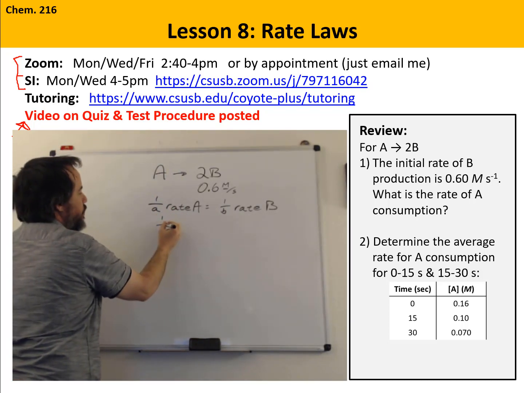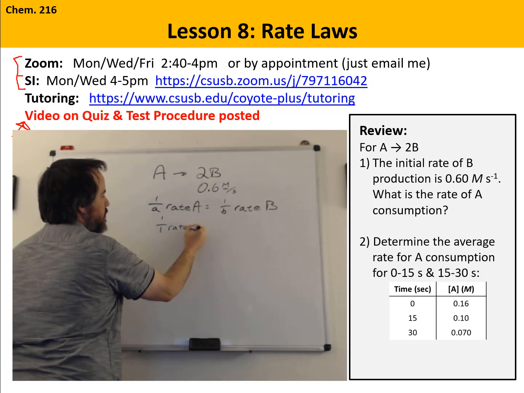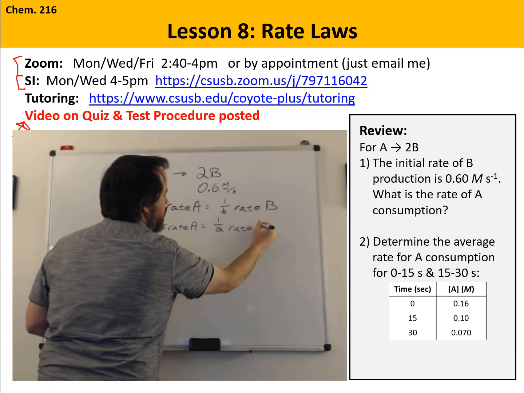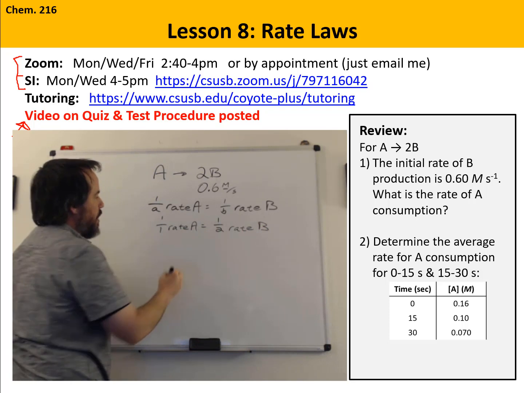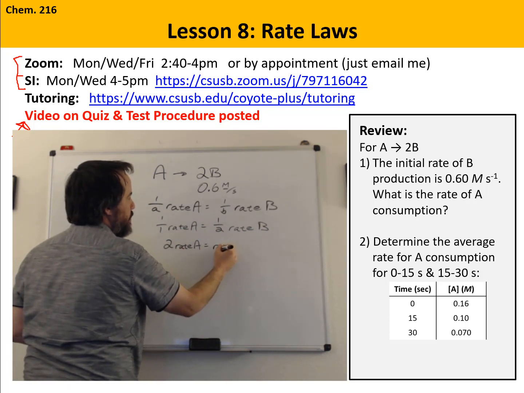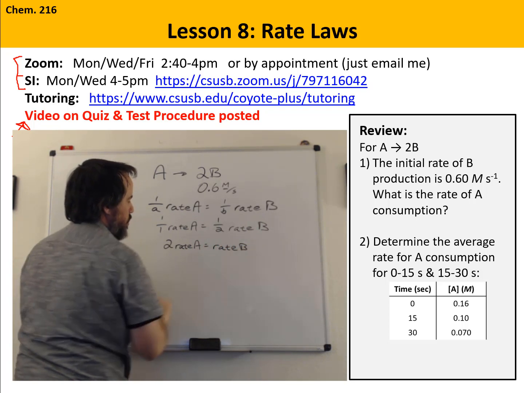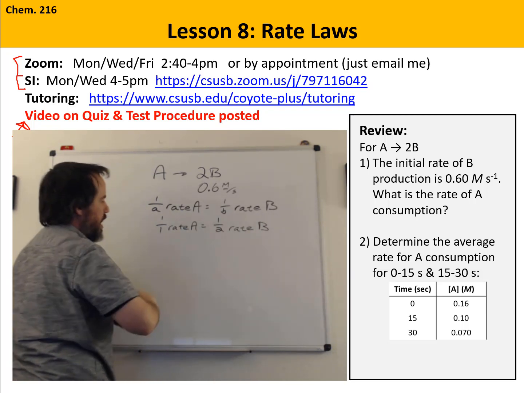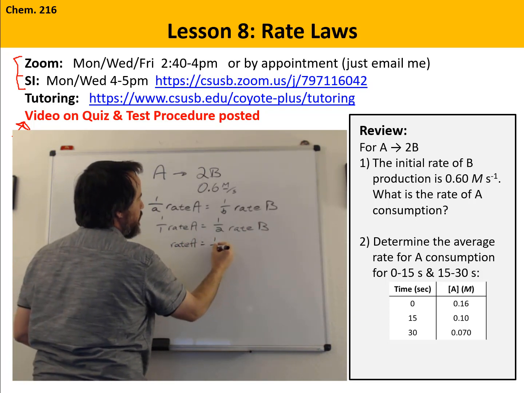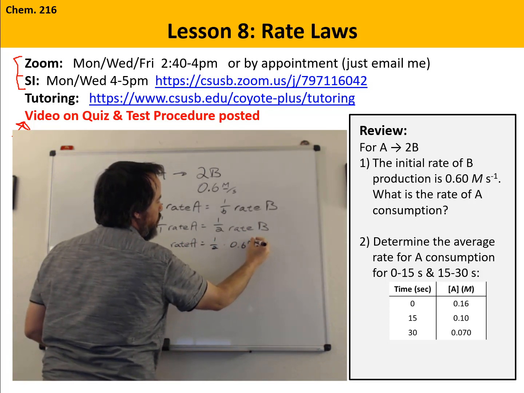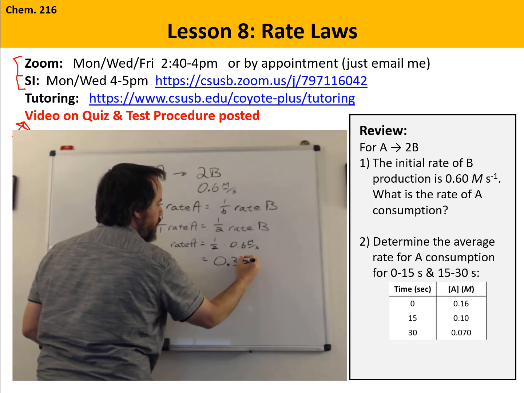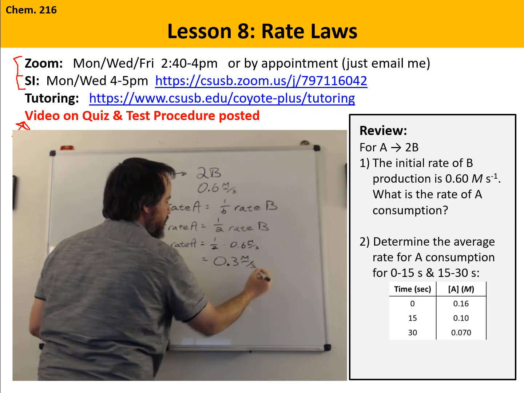So this would be 1 over 1 rate A equals 1 over 2 rate B. Rearranging, rate A equals half times 0.6 molar per second, so rate A equals 0.3 molar per second.